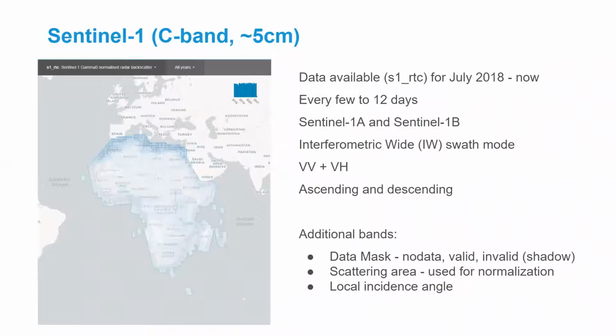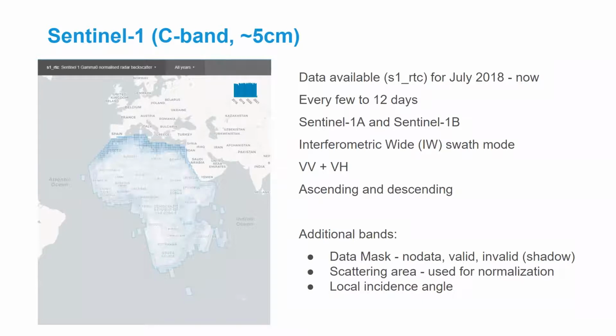This means that the wavelength of these radar signals is about 5 centimeters. So this is quite a sizable wavelength, so that if you have a surface or structure, the signal kind of goes through really big gaps of leaves.